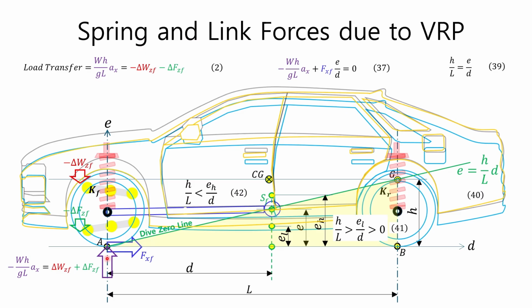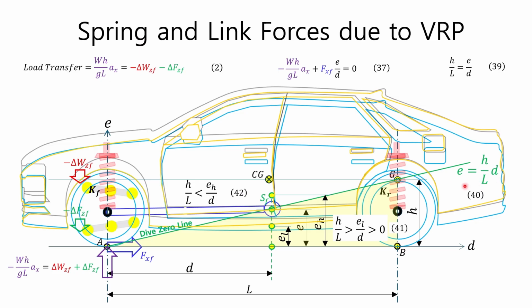In this figure, the vertical axis represents the vertical height, E, of the virtual reaction point, and the horizontal axis represents the horizontal length, D, of the virtual reaction point. The origin of the coordinate axis is the front tire contact center, A. Rewriting equation 39, which represents zero dive, in terms of the independent variable, D, and the dependent variable, E, it can be expressed as equation 40.